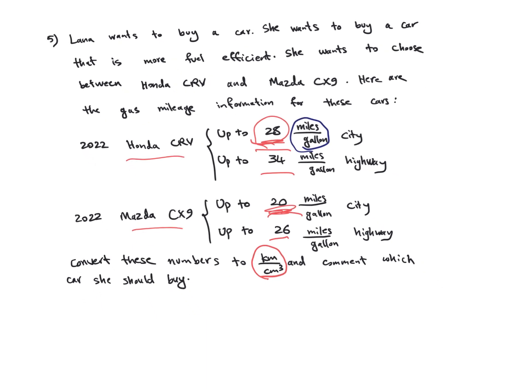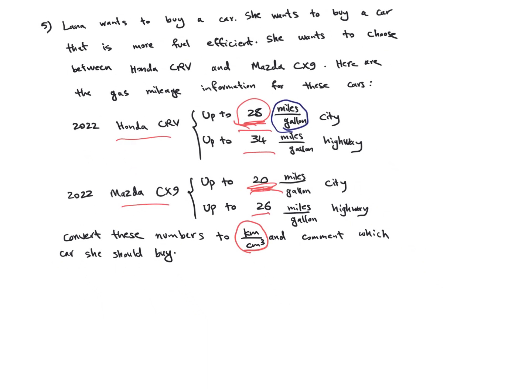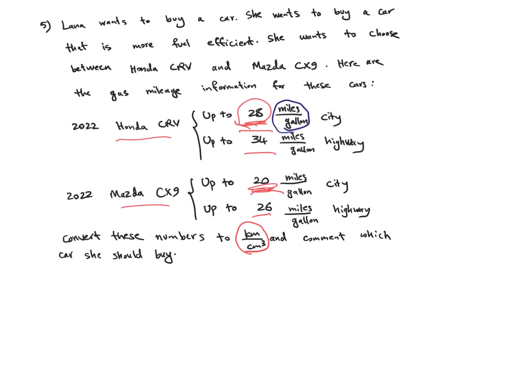So I'll do one of them as an example, and hopefully you can just do the same for all of them. For instance, if you want to convert 28 miles per gallon to kilometer per cubic centimeter, what you want to find is how many kilometers per cubic centimeter equals 28 miles per gallon.